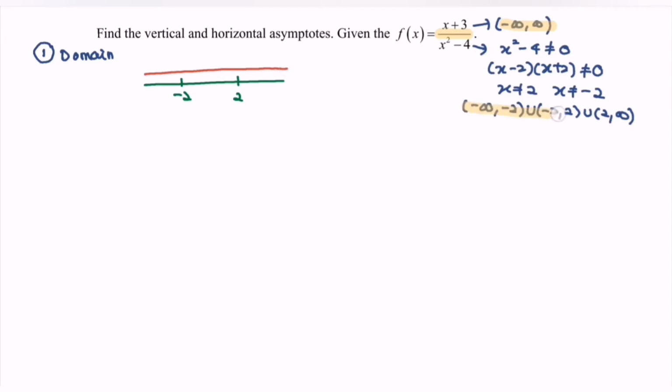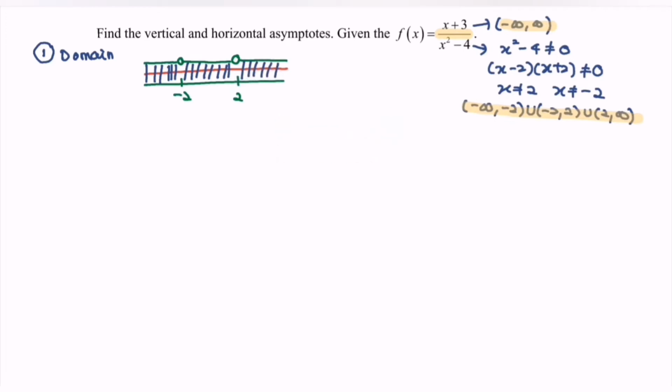And for this case, we denote it as an empty circle for negative 2 and also 2, and then we draw a line connecting the empty circles. So for the intersection, the situation will be this part, except negative 2 and also 2.